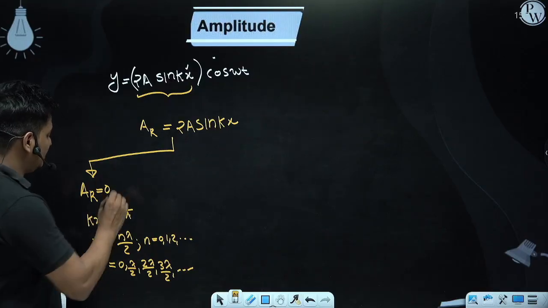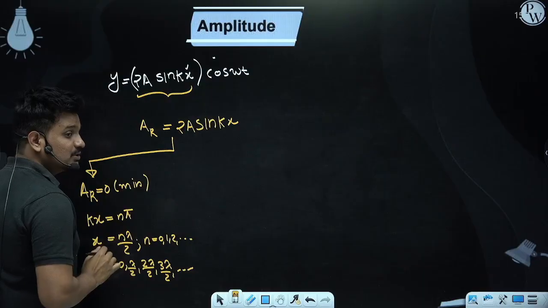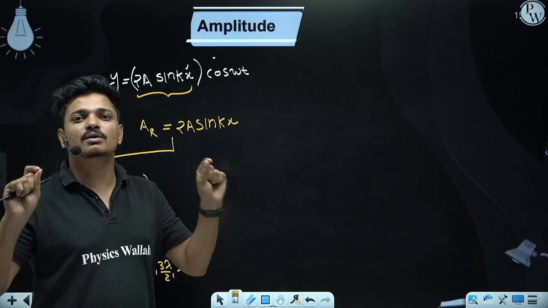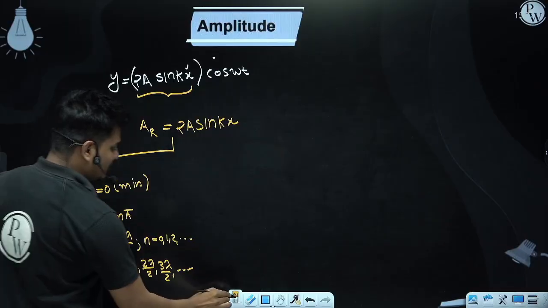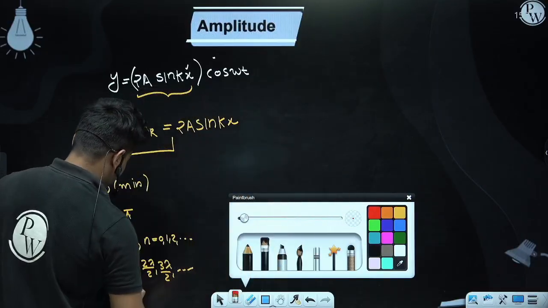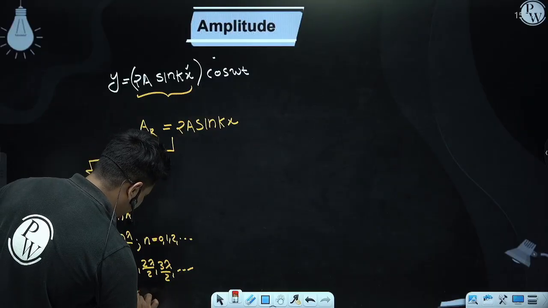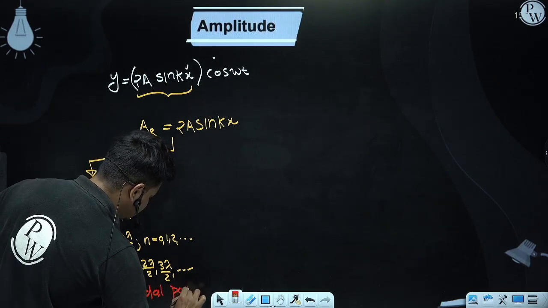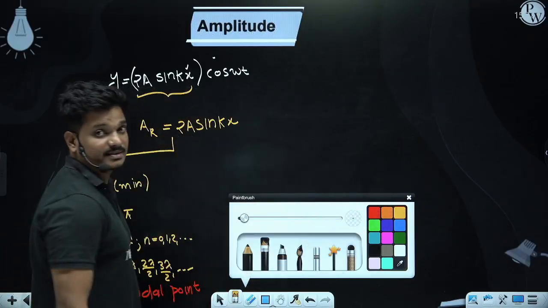This is the minimum value, and that means there is no amplitude, at these locations it doesn't perform any SHM. This is at rest. And this point is known as nodal point. Then I am going to check what is the maximum value.